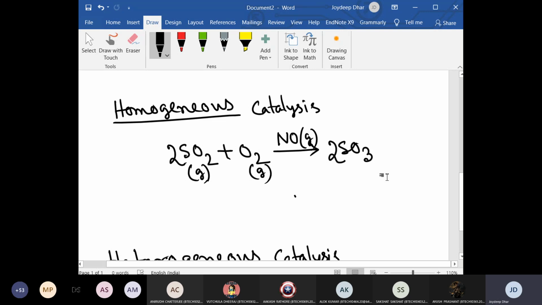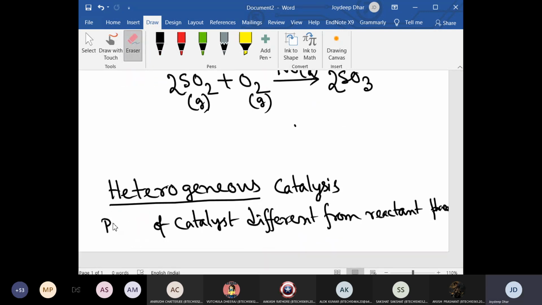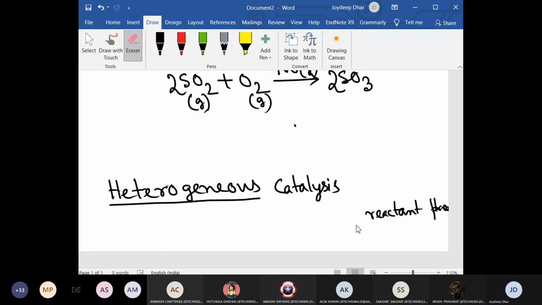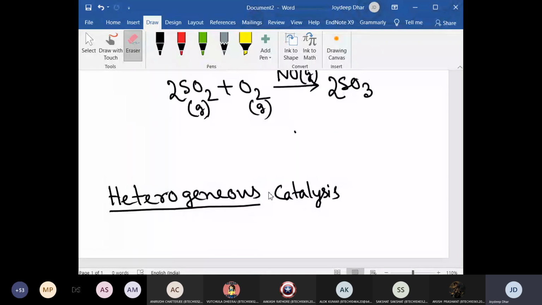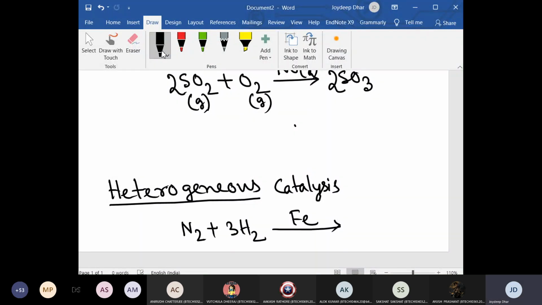And heterogeneous catalysis or catalyst, that is the Haber process I told. The phase is different. The example is the Haber process, nitrogen and hydrogen. In that case, iron acts as catalyst.